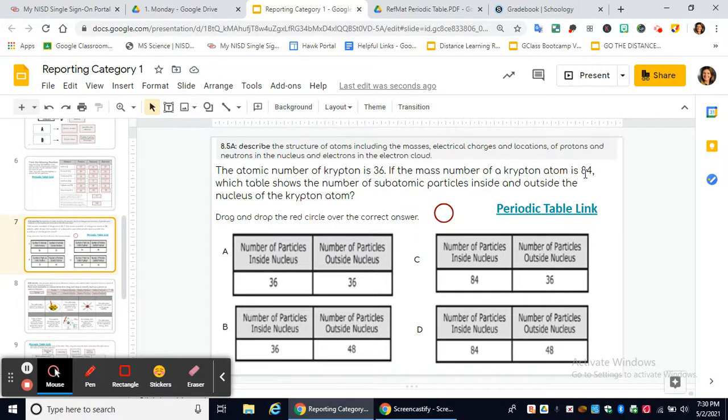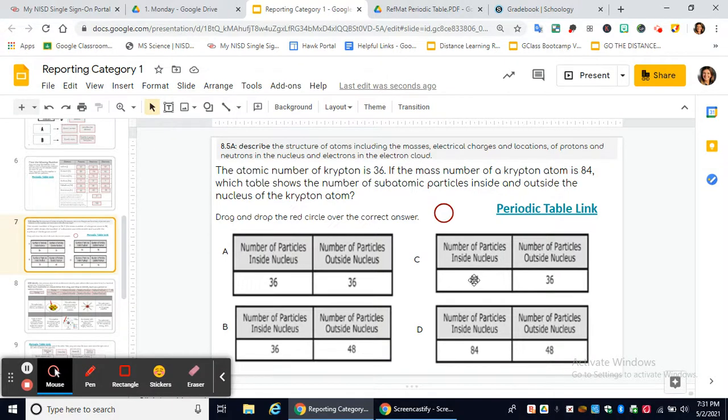So to get the number of neutrons, we want to take 84, subtract 36, because this is your mass number and that's your atomic number. So mass number subtract atomic number. So 84 subtract 36 equals 48. So I would have 48 neutrons.